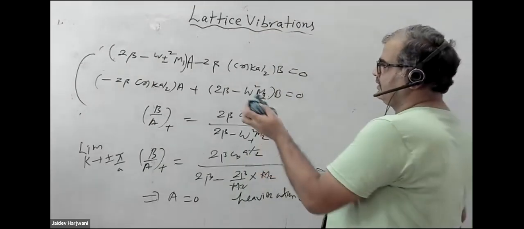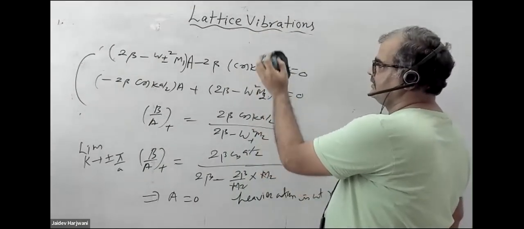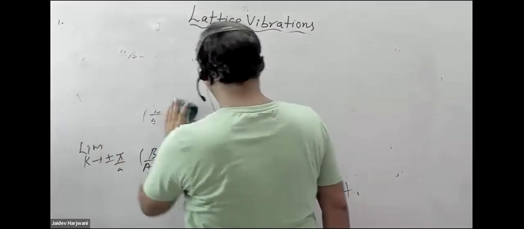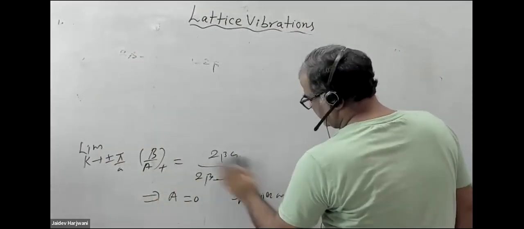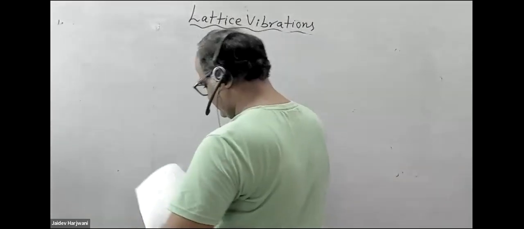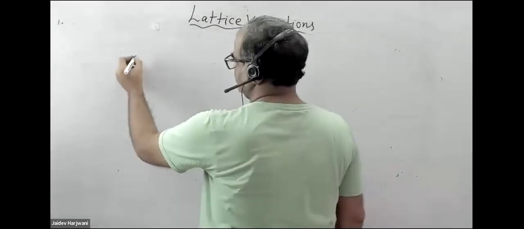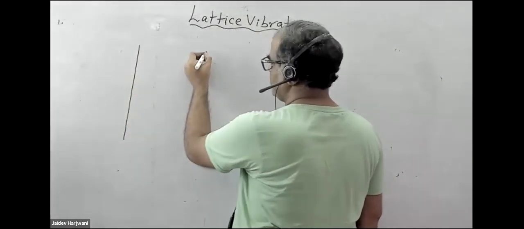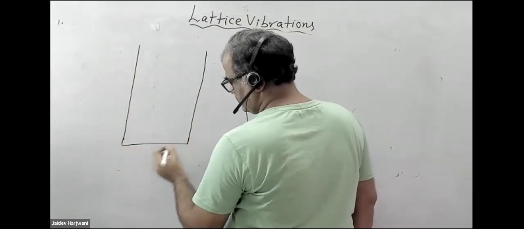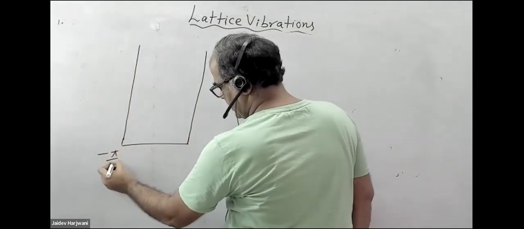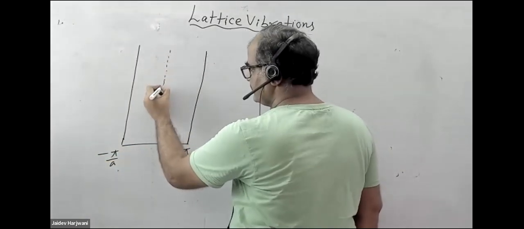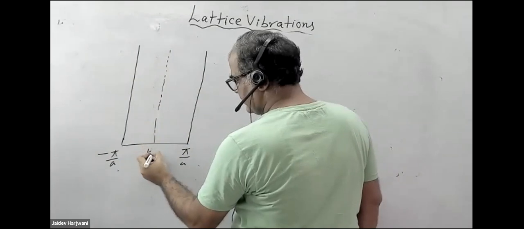Okay, now let me discuss the properties of our dispersion curve. So now we have our dispersion curve. Okay, this is minus pi by a, this is plus pi by a. Okay, and this is k tends to 0.